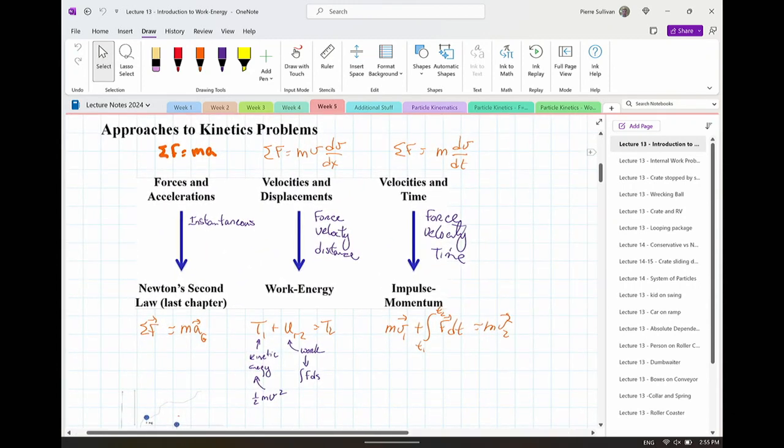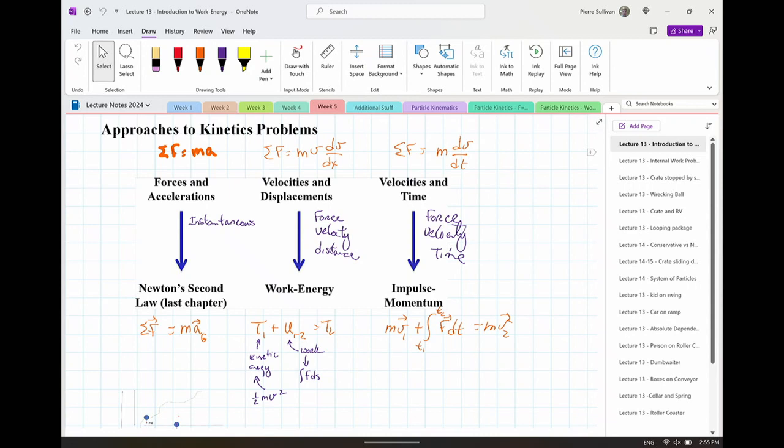So next week, what I'm going to start talking about is momentum. And again, just as a reminder, this week, or last week, we did forces and acceleration. Sum of forces equals mass times acceleration. We're looking at instantaneous values. And so we looked at all of the problems that we're going to look at this week and next week, and we have an approach in the first week that solves everything.